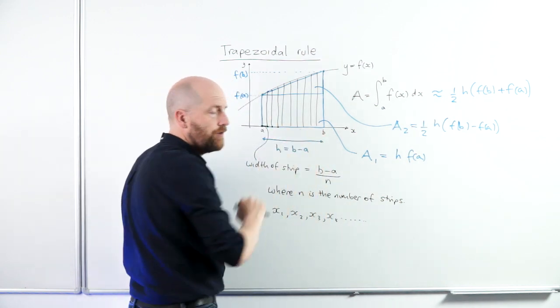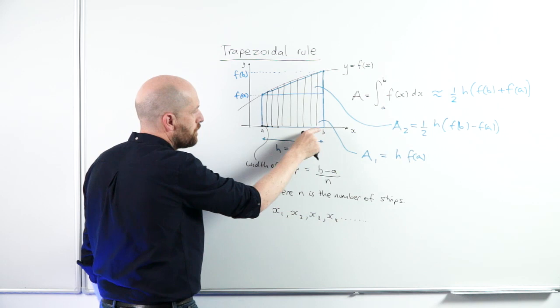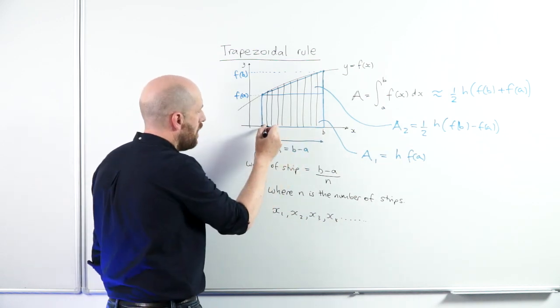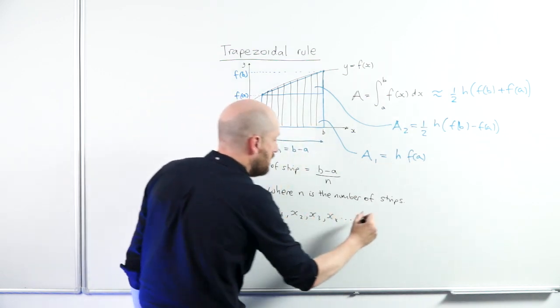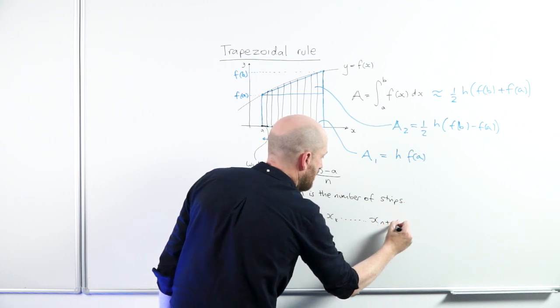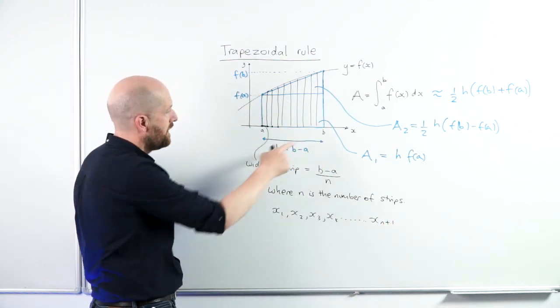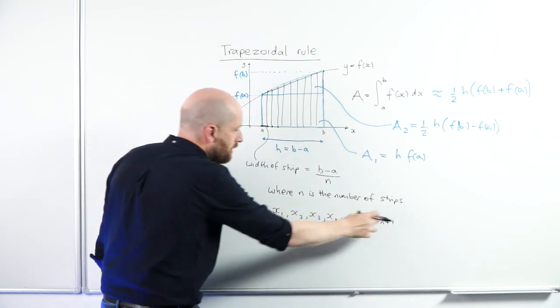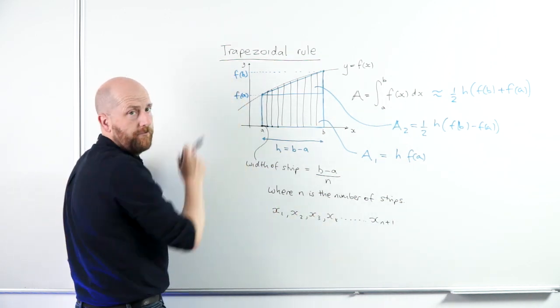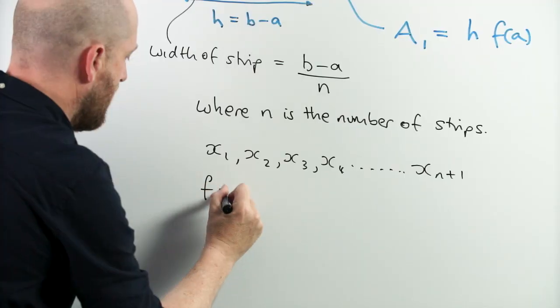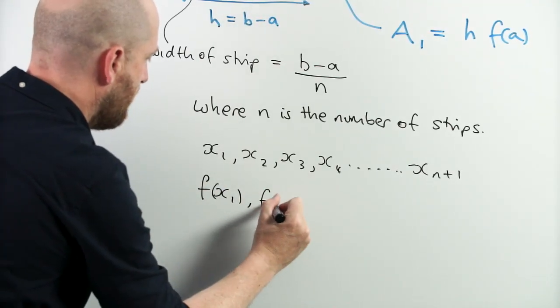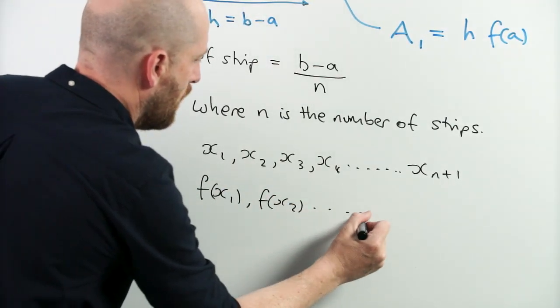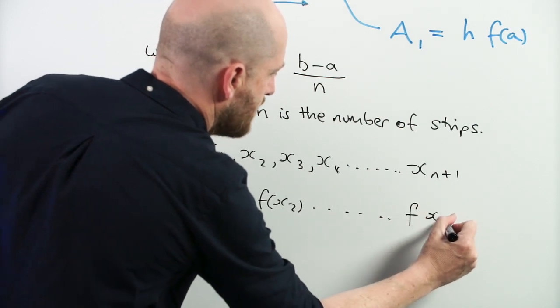Now there are n strips, which means there are n plus 1 points. I need the start and finish of every strip, so the final one is the point x(n+1). At each of those values I will need the value of the function. So I need f at x1, f at x2, all the way up to f at x(n+1).